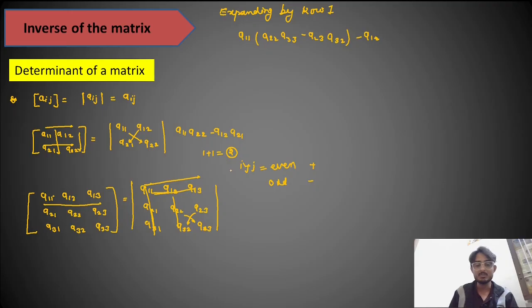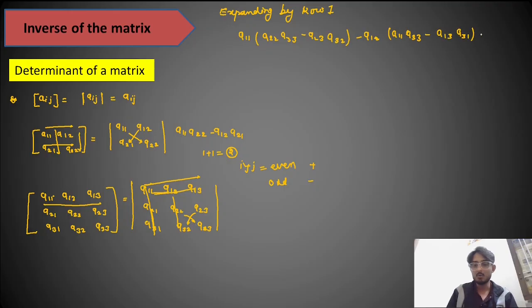The remaining elements are A21, A23, A31 and A33. So multiply A21 into A33 minus A23 into A31.